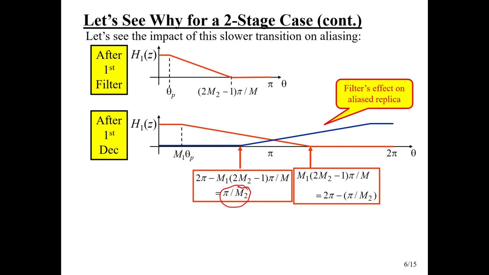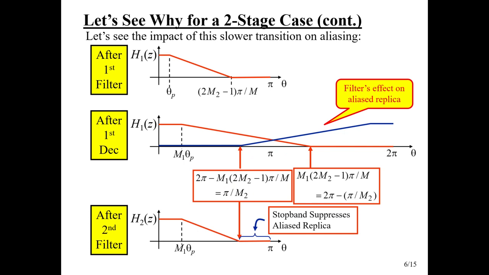And that's the key. This magic formula that I used on the previous slide, I picked it because when it gets mapped up and I find this point here, it ends up being pi over M2. So we'll see that the next filter will completely throw away all of this stuff up there. That is how we eliminate the aliasing.